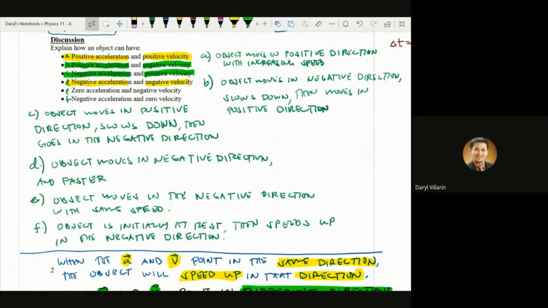But since there persists a negative acceleration, you have a net force still acting on that object. It now moves in the opposite direction with increasing magnitude. Does that make sense though?